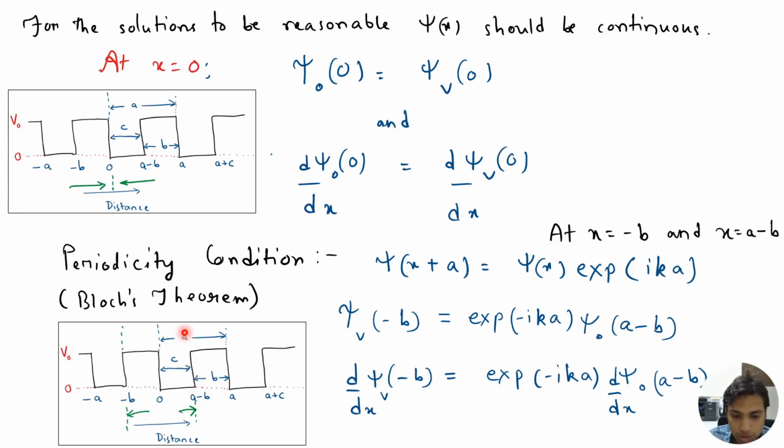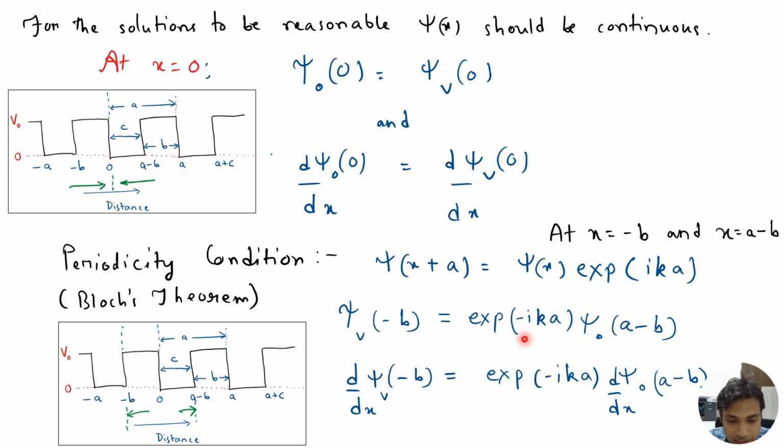So psi V of minus b should be equal to the value of the wave function at a minus b, so it is exponential i k a times psi naught of a minus b, with this phase term.